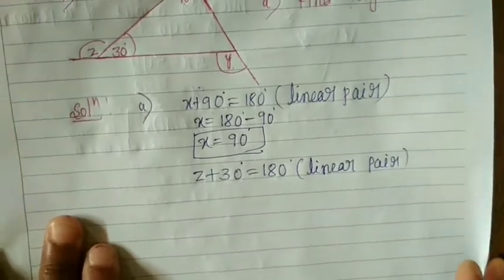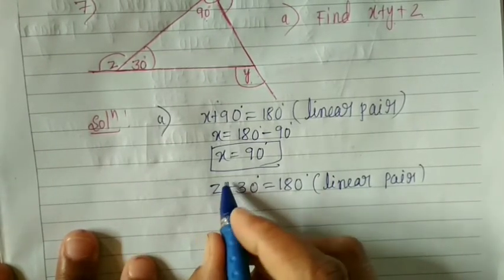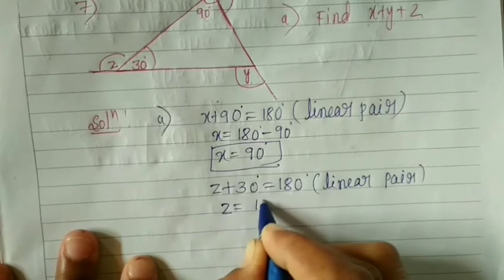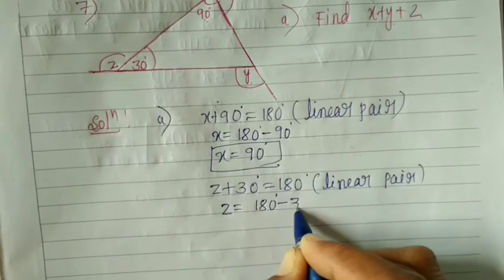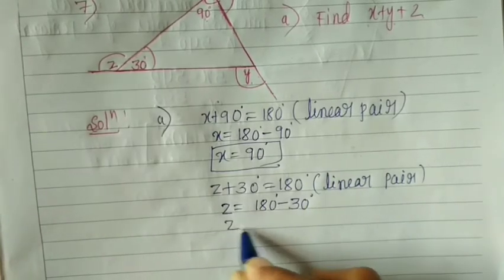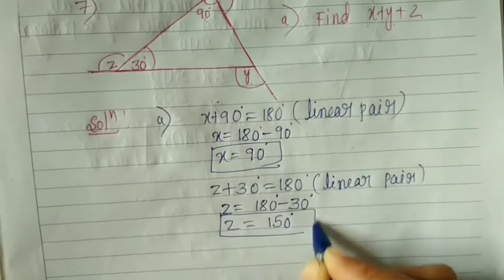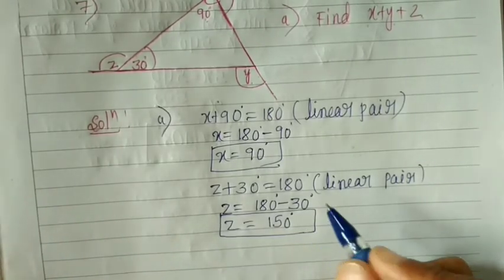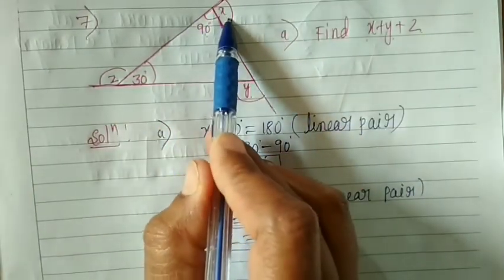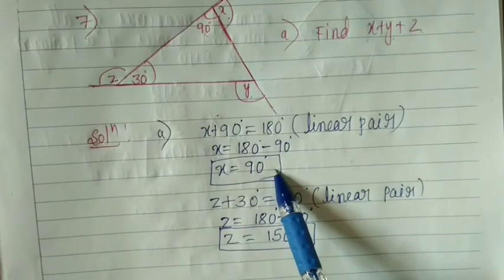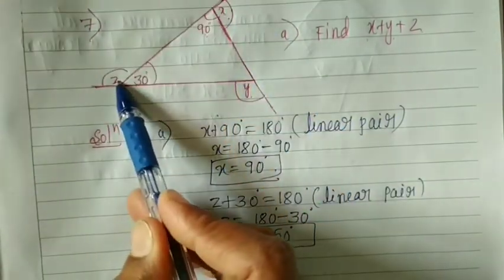So, z is equal to 180 degree minus 30 degree. z is equal to 150 degree. Dear students, in the figure, we find out x is equal to 90 degree and z is equal to 150 degree.